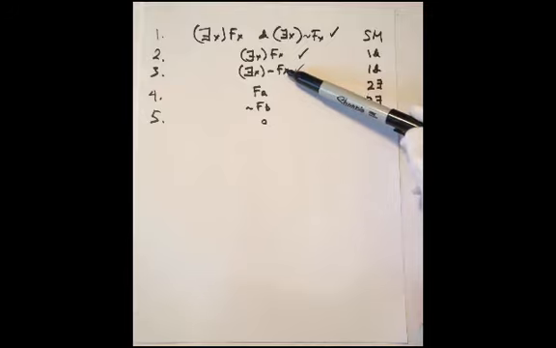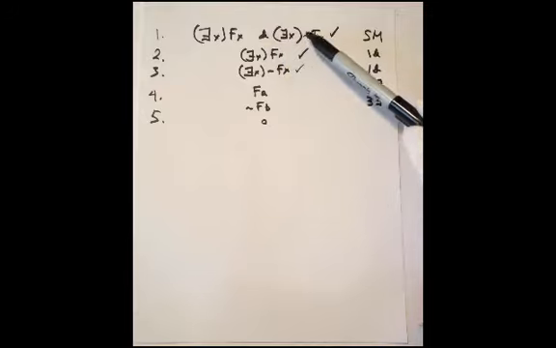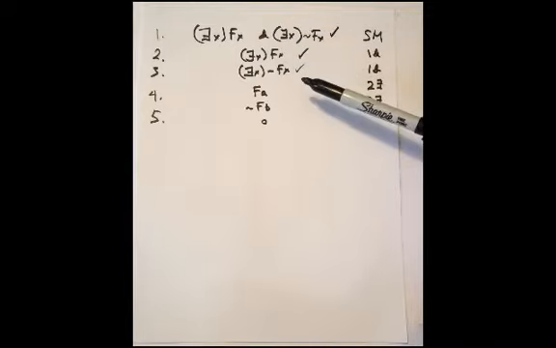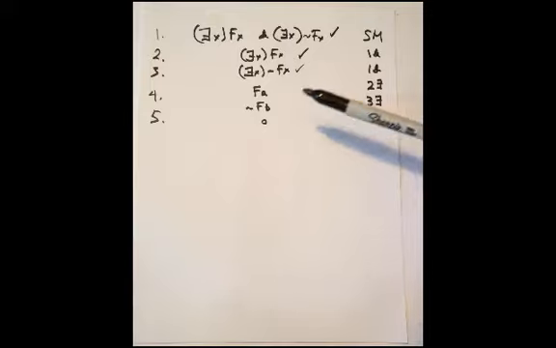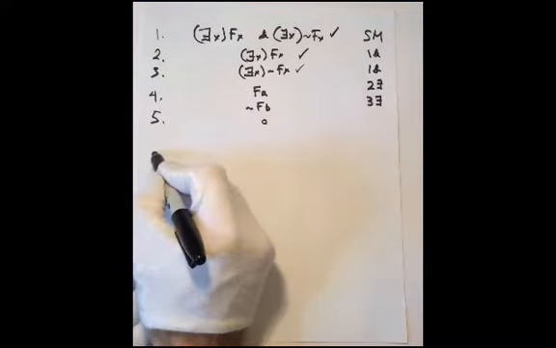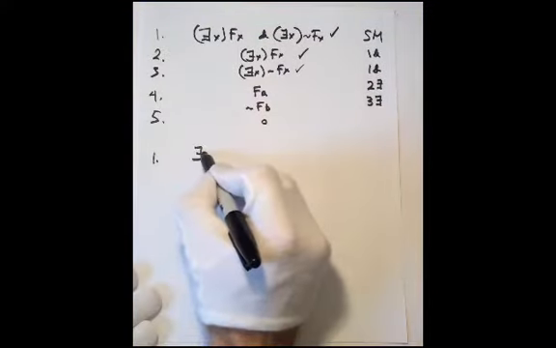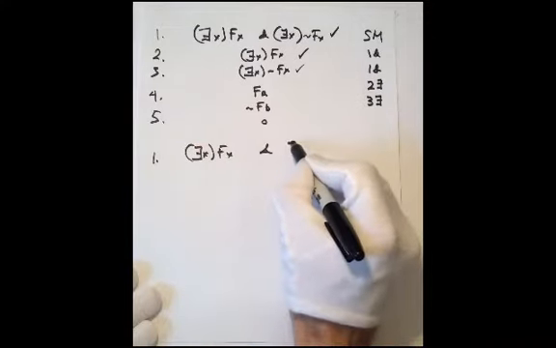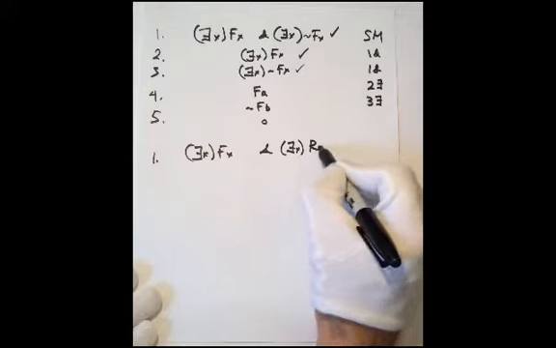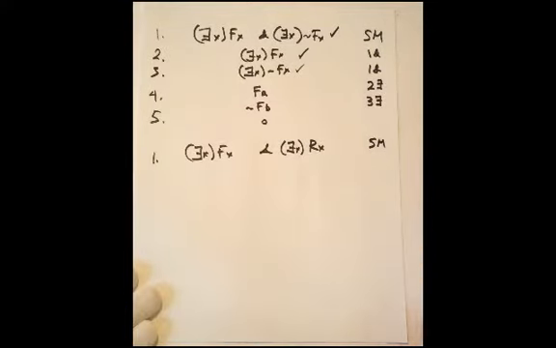And none of this depends on the fact that we happen to be using the same predicate. Even if these predicates were different, we would still use a different constant. So for instance, suppose we start a different tree here, and we have there is an x, f of x, and there is an x, r of x, and that's our set member.